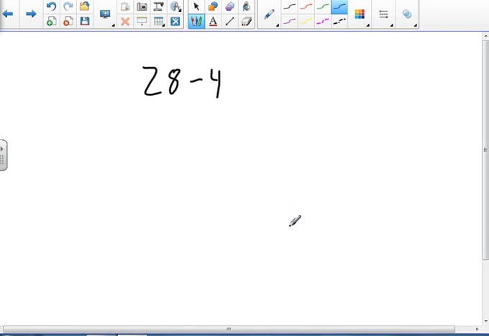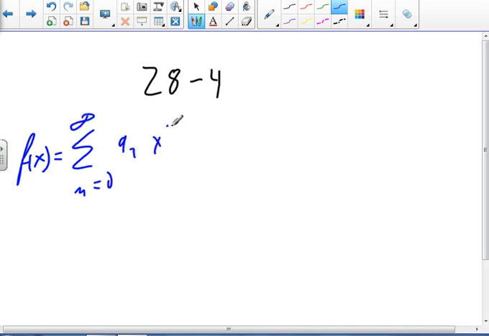I'm sticking to it. So this is a power series. If I have a function f of x, whatever it might be, it can be represented by a power series, n equals 0 to infinity, a n x to the n.